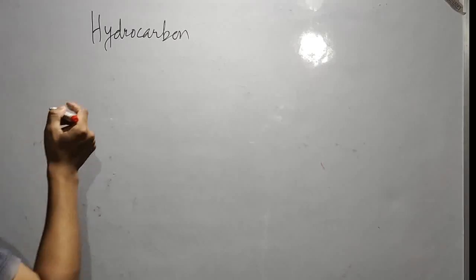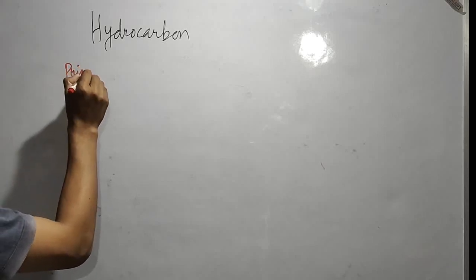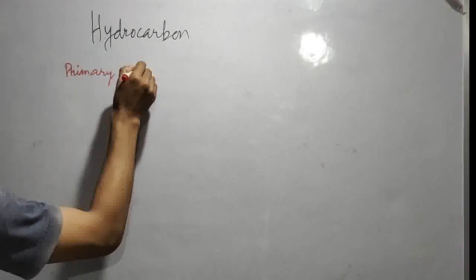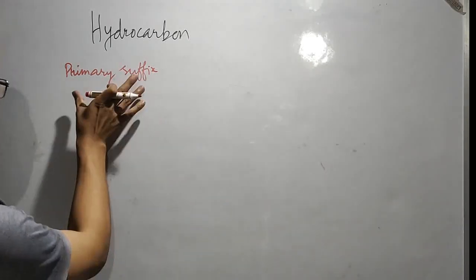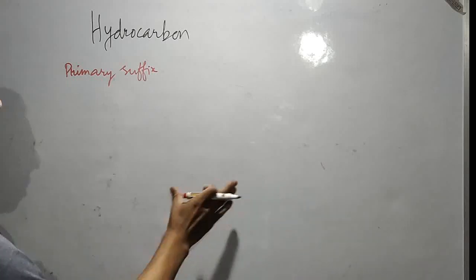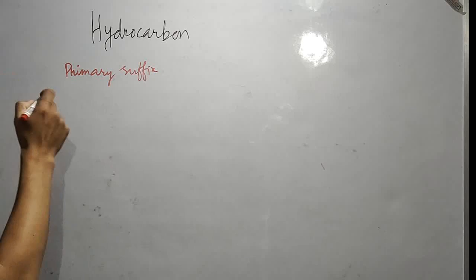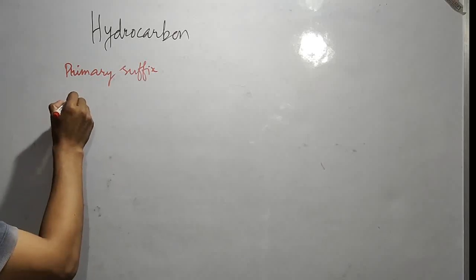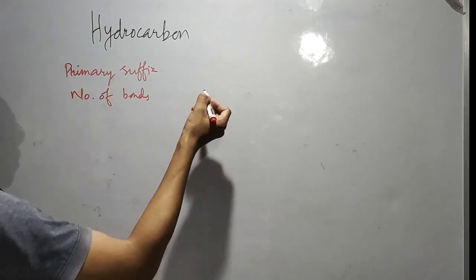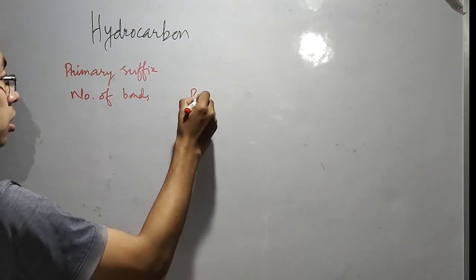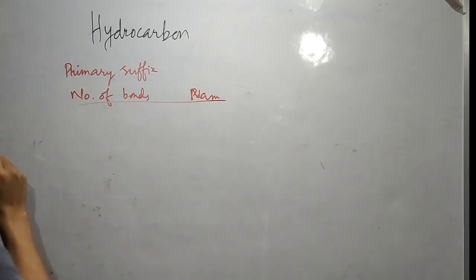Then the next one will be the primary suffix. As I have shown you, the primary suffix appears after the word root. So what are the primary suffixes? Here we have the number of bonds and the primary suffix name.